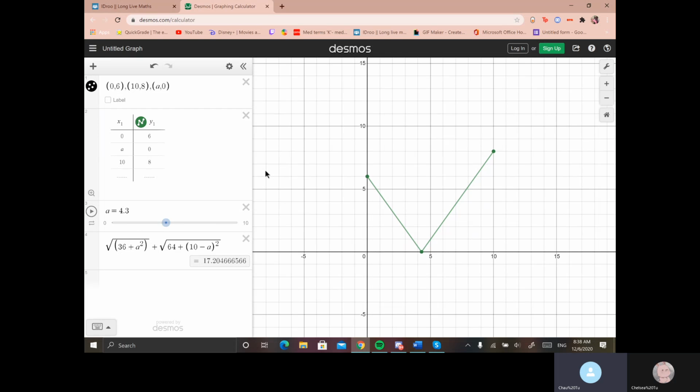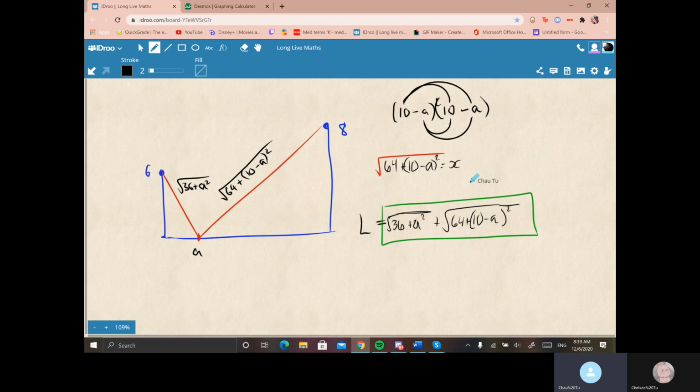Okay, Chelsea. So let's next input. So hang on, jump back to iDrew. Now that we've got a formula for the length, if we draw a graph of length versus our current location x, Josie, scroll down a bit.